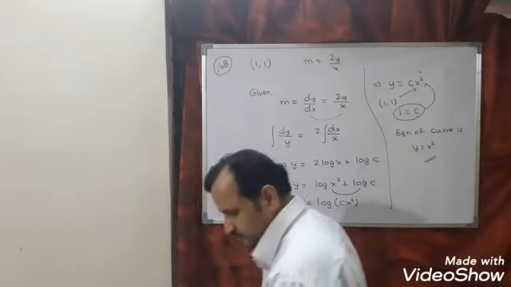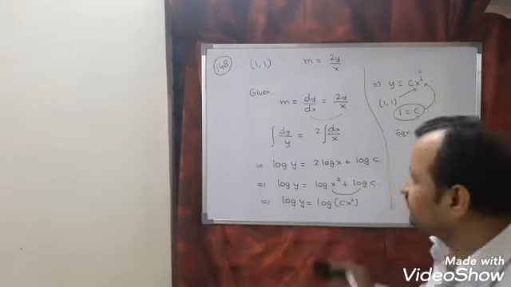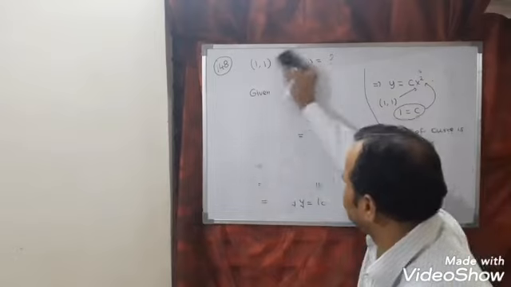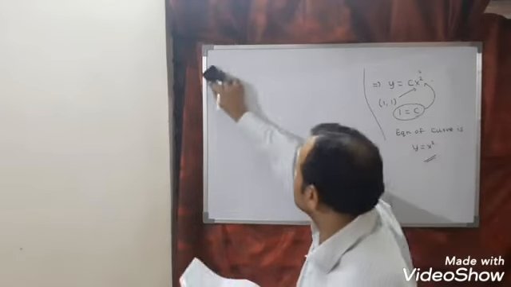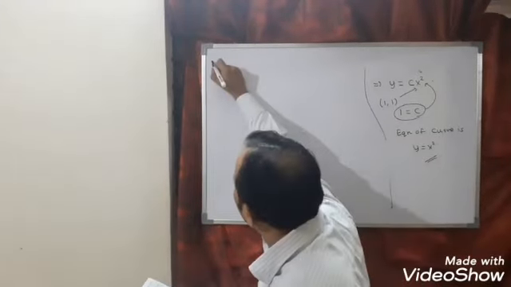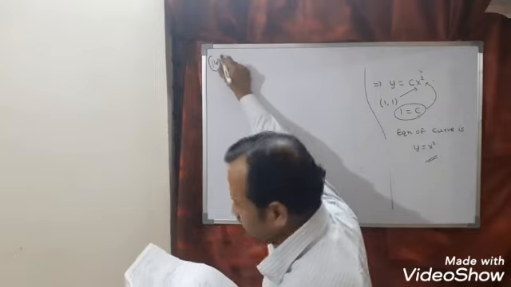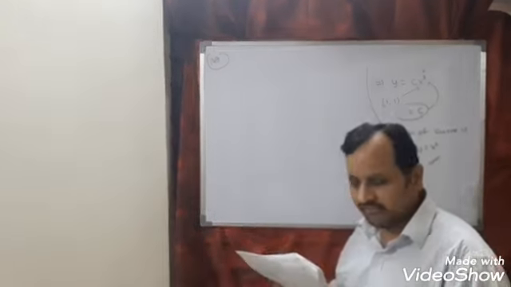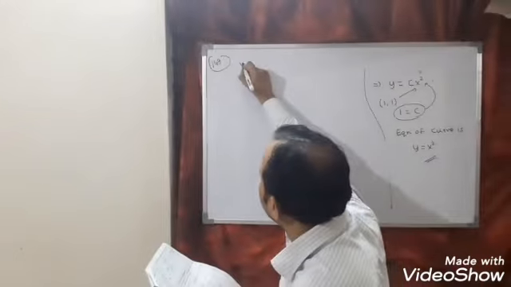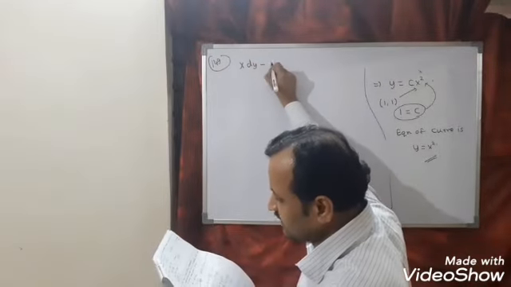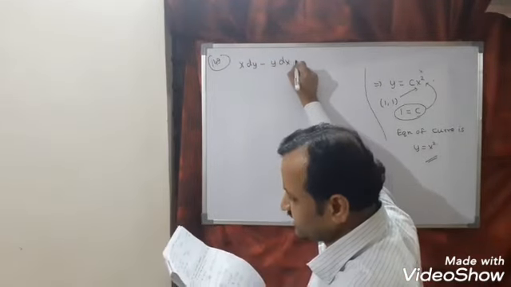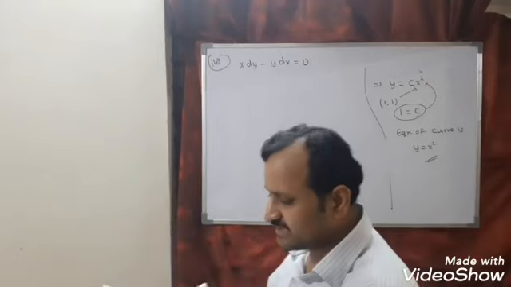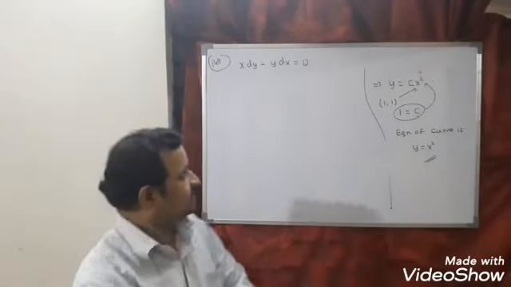Next question. Question number 149. And here the question is: the solution of the differential equation x dy minus y dx is equal to 0 represents what? So 4 options are given.